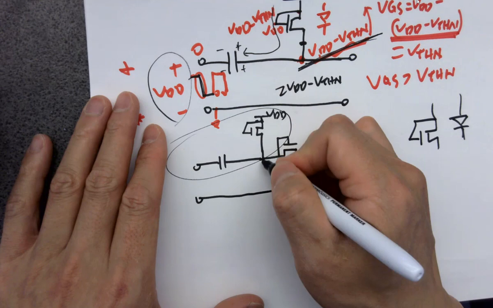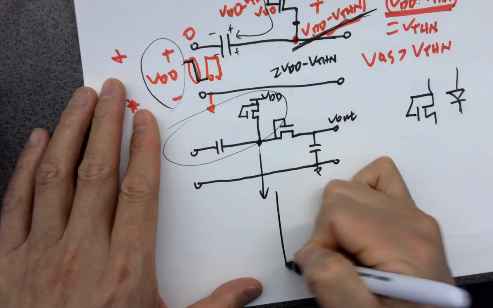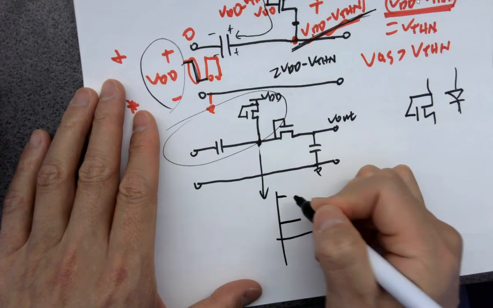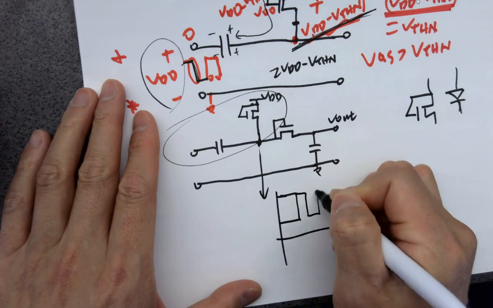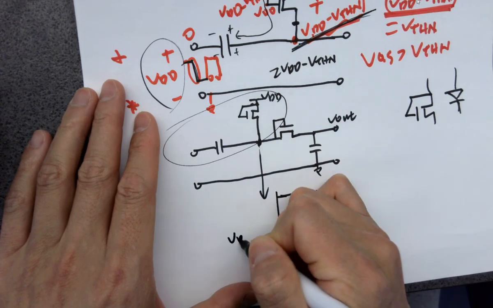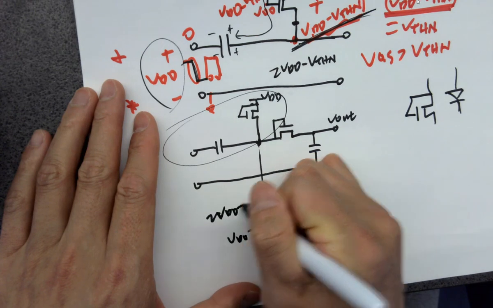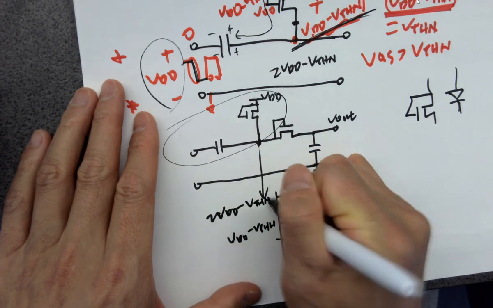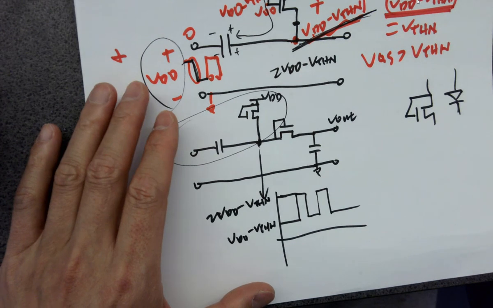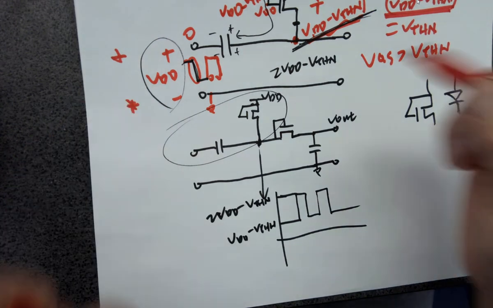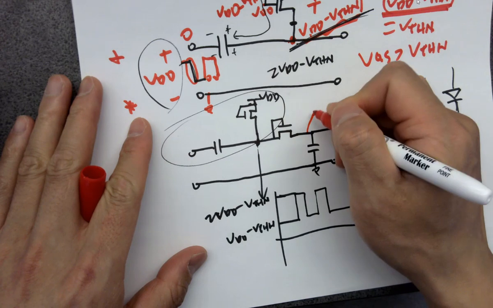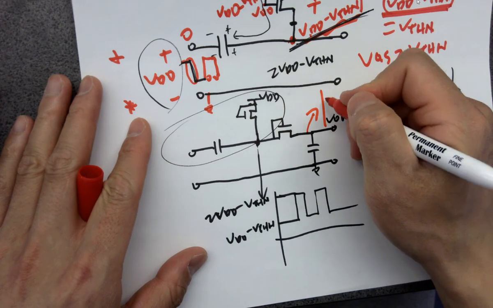So the voltage at this point is going to swing from here to here. It's going to be like this: VDD minus VTHN, and 2 VDD minus VTHN. However, after the filter, this is going to stabilize the voltage.